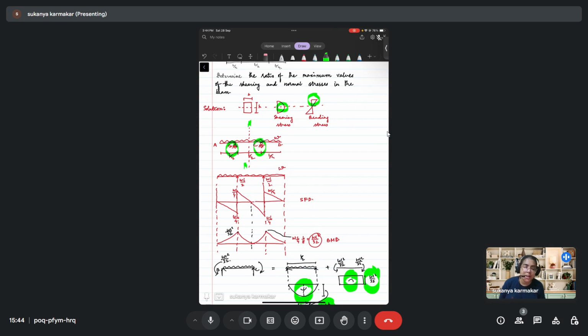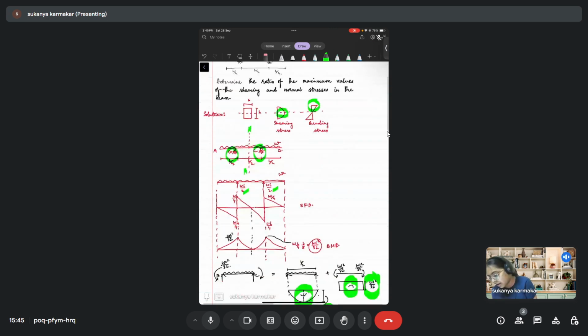So what is the total load acting on the structure? W is the intensity and the total length of the beam is L. So W into L is the total load acting on the structure, and there are two reactions which are equal. So the reaction forces are WL by 2 and WL by 2. Once you know them, you can calculate the shear force diagram.